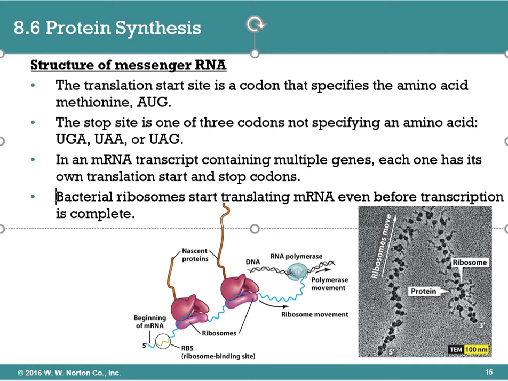Okay. Oopsies. What has to happen before we even start this process is that the bacterial ribosome has to start translating mRNA before we can even complete transcription, meaning before we can even complete making proteins.